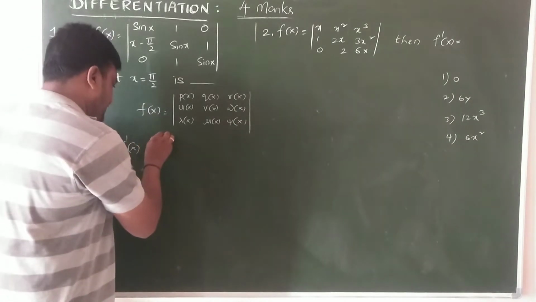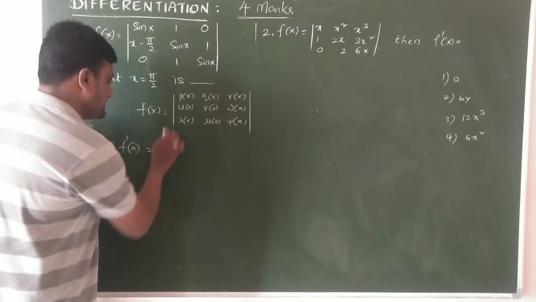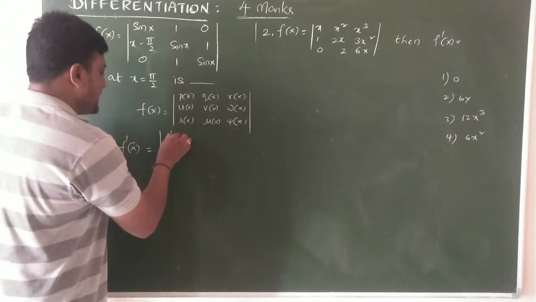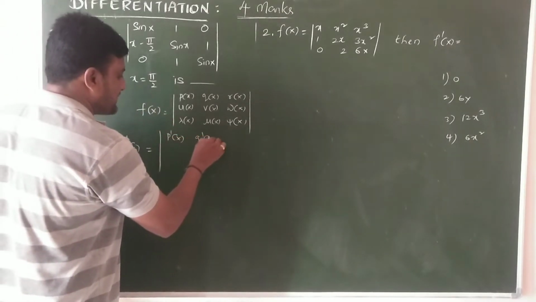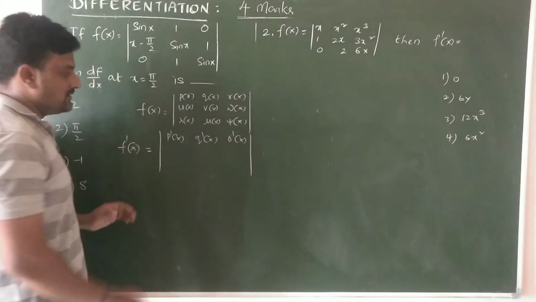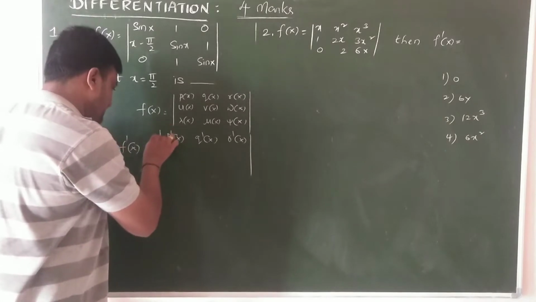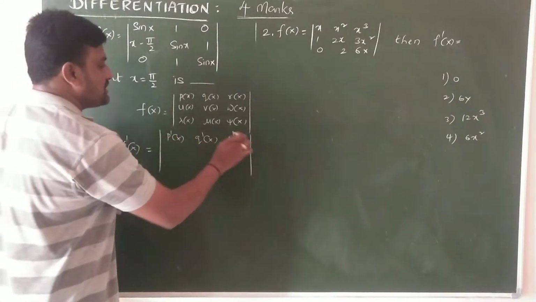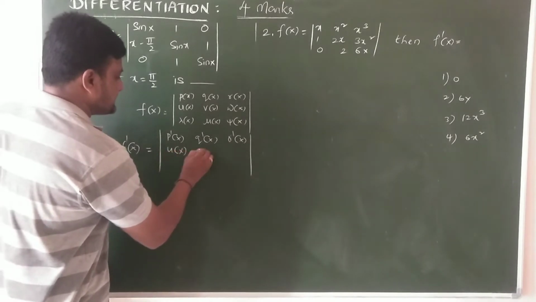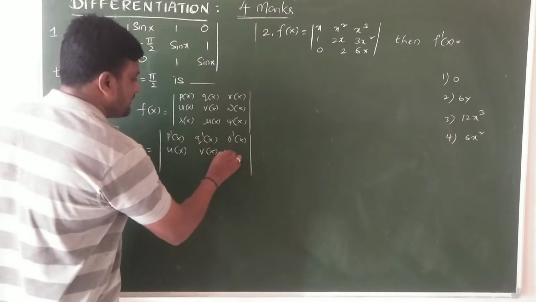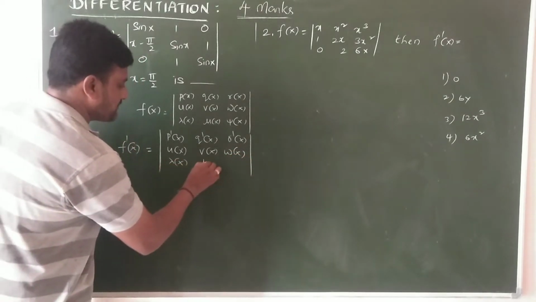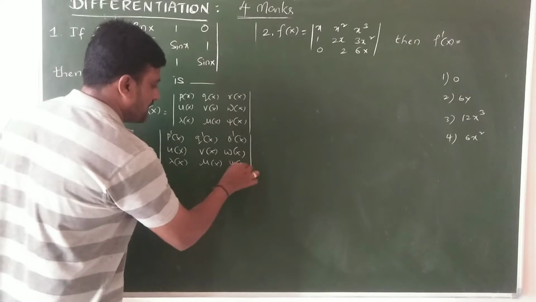Now the first term is like this: p dash of x, q dash of x, r dash of x. In the first term, the first row is differentiated, and the remaining rows are as they are.